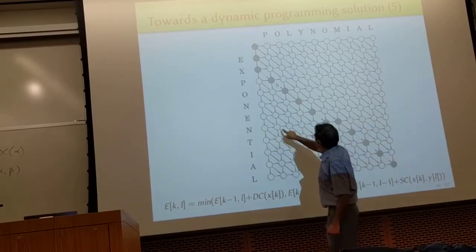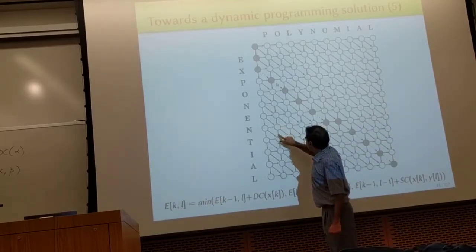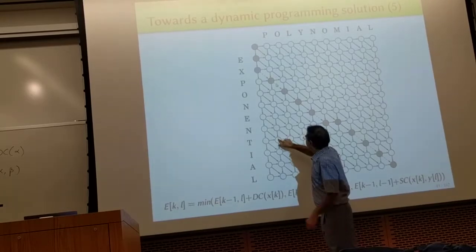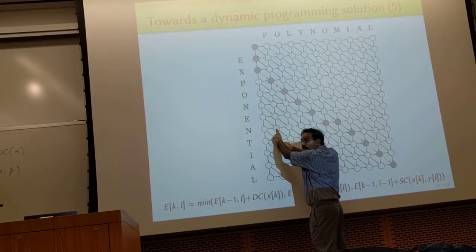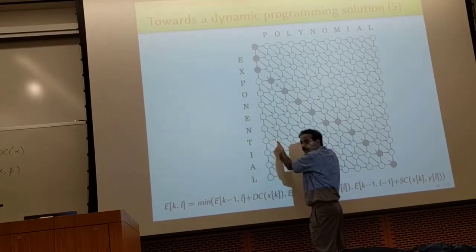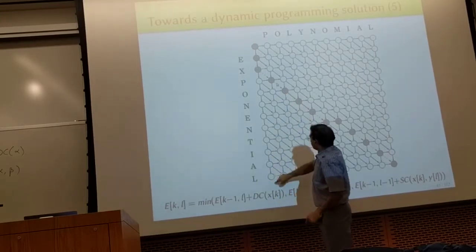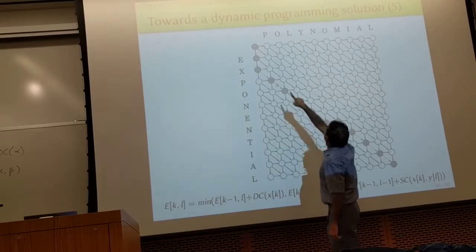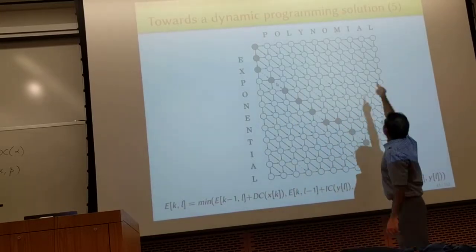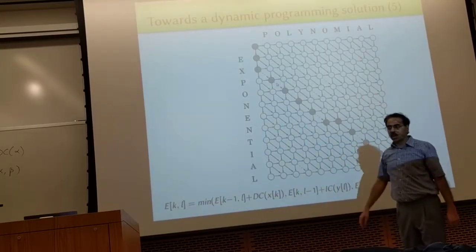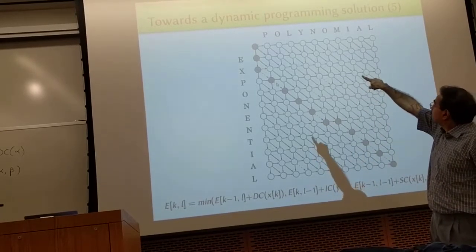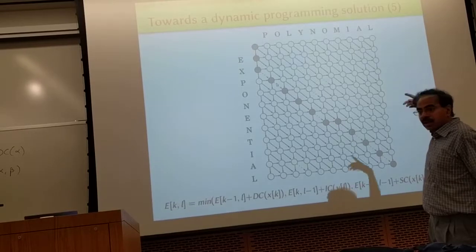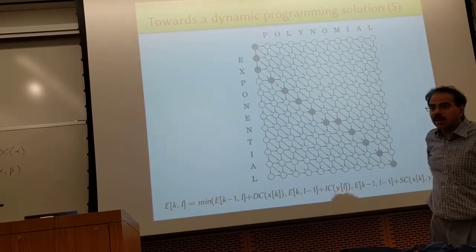Similarly, say for instance you're here, you compute this, and then you come here. By then, you have already computed all of these, and you have also finished computing this, so you're going to compute this next. So either you can go row-wise or column-wise, but essentially you are going from the top left corner to the bottom right corner.